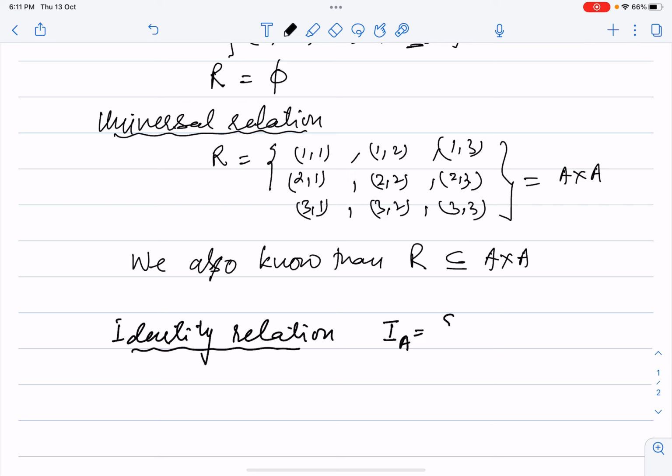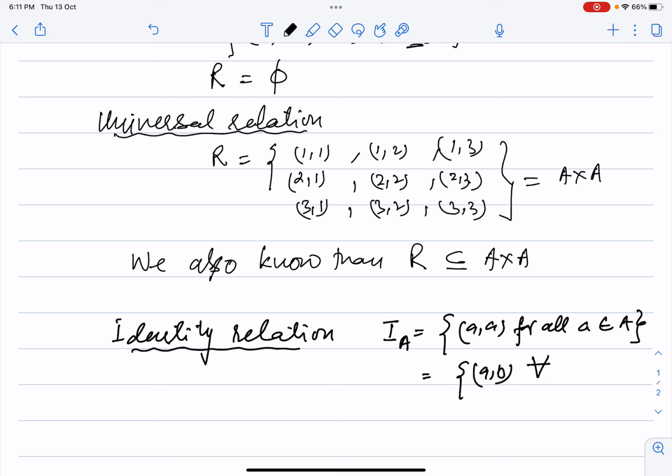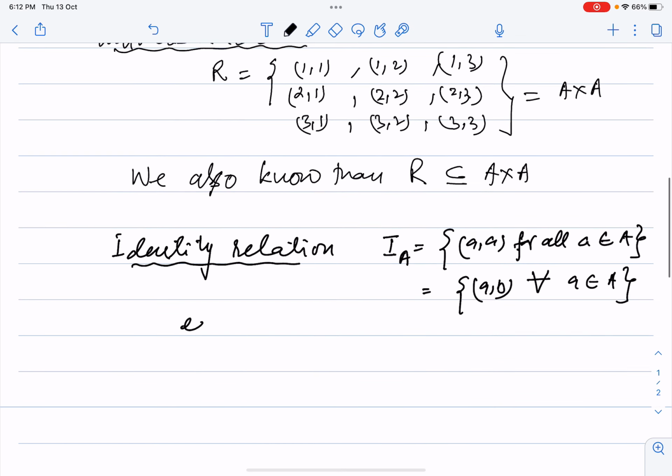This is given as {(a, a) such that a belongs to capital A}, for all a belonging to capital A. For example, again I take the same example, A is equal to {1, 2, 3}.